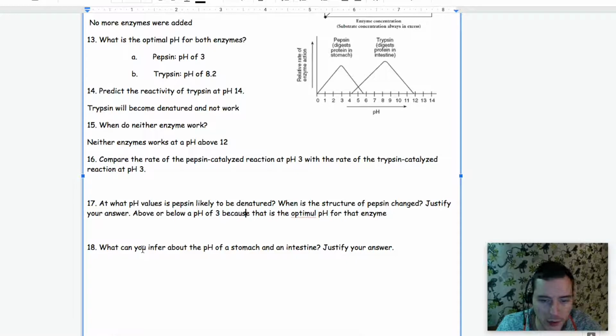What can you infer about the pH of a stomach and an intestine? A stomach is more acidic than the intestine.